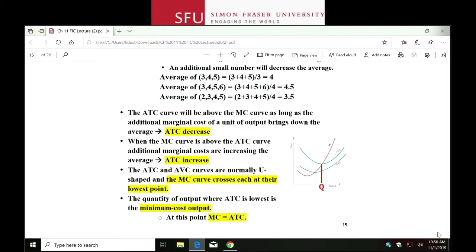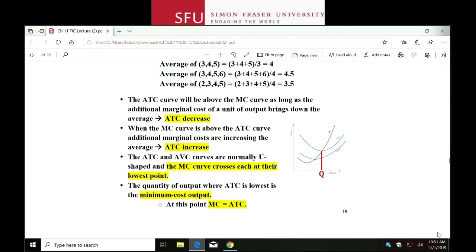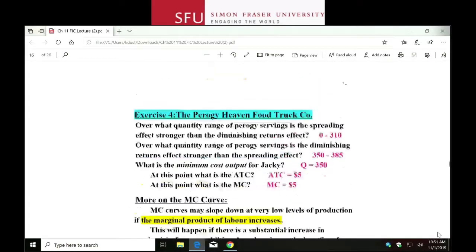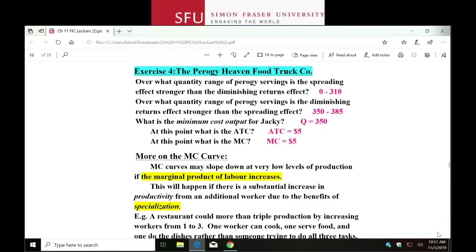And if they're more productive, that's going to mean that your costs go down, right? More productive means lower costs. Good. Okay, so the marginal product of labor actually increases then, only at very low levels of production. So just going from like 1 worker to 2 or 3 workers.